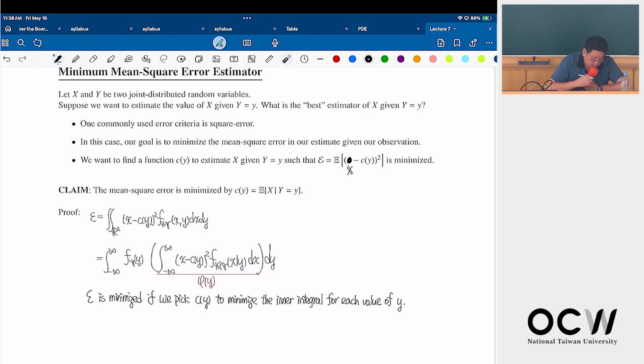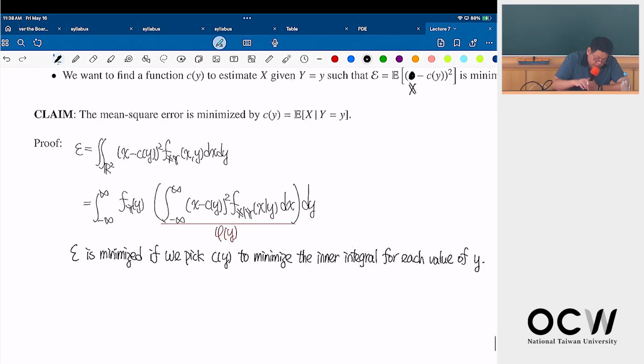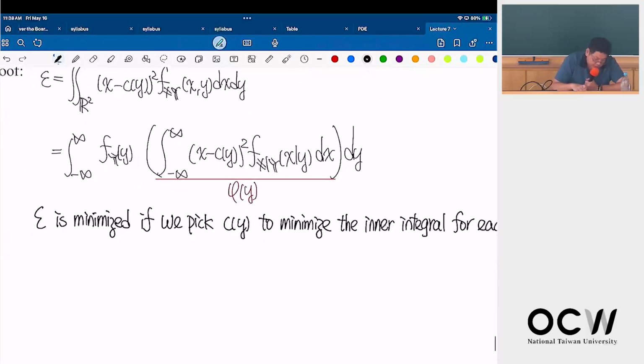So how do I minimize this inner integral?